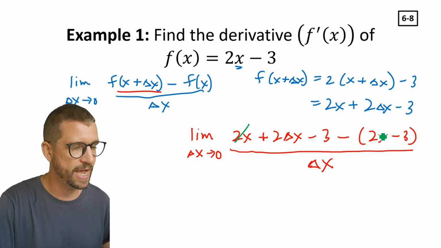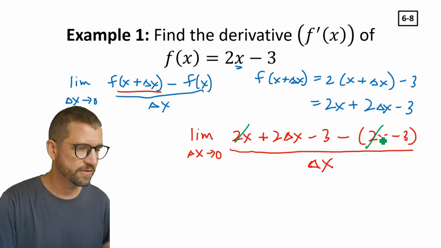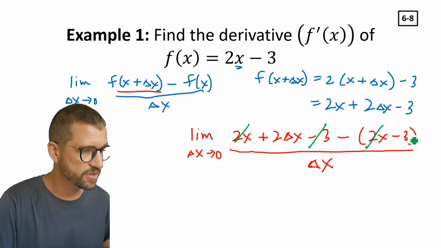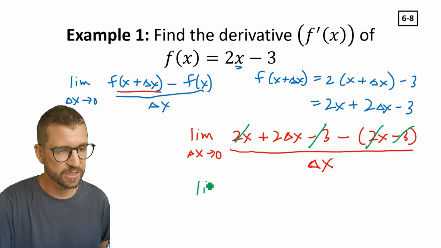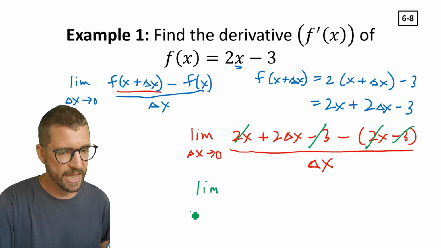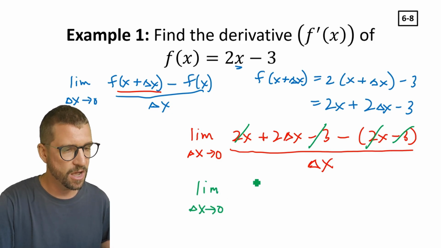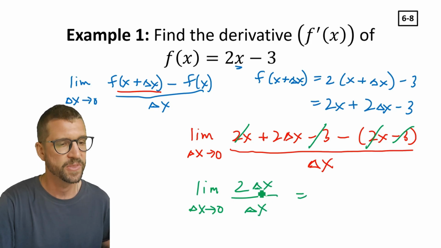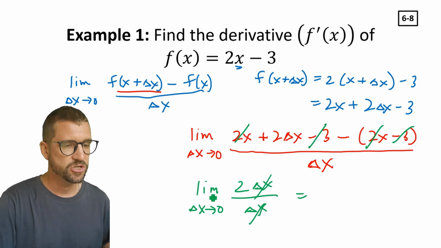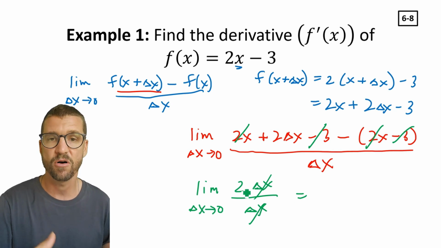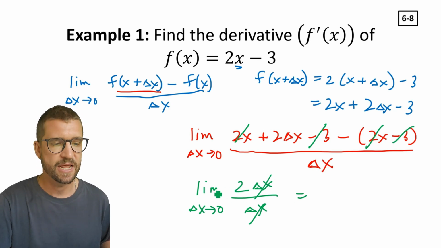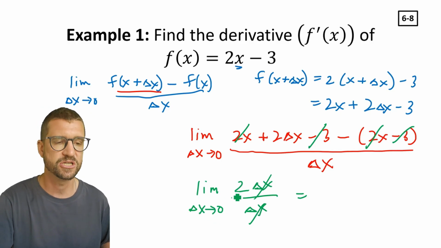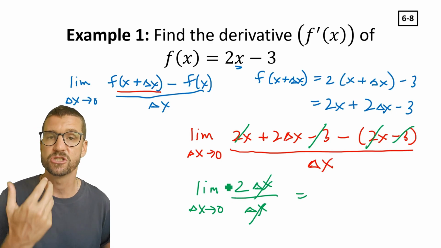This will be a negative 2x when I distribute that negative. And the negative 3 will actually be a positive 3, so these will cross out. So now I'm left with the limit as delta x approaches 0 of 2 delta x over delta x, because everything else is crossed out. Well, these delta x's cross out, so I'm left with just the limit as delta x approaches 0 of 2. 2 is just a constant. The limit as delta x approaches 0, or the limit as h approaches 0, of 2 will always be 2.